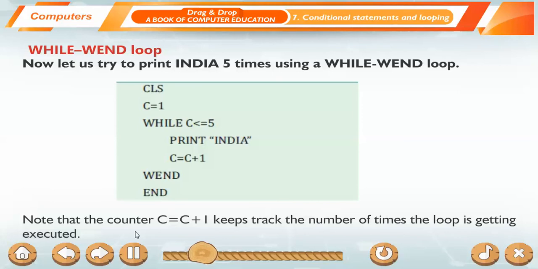CLS. C equal to 1. While C is less than or equal to 5, print India. C equal to C plus 1. When. End. Note that the counter C equal to C plus 1 keeps track of the number of times the loop is getting executed.